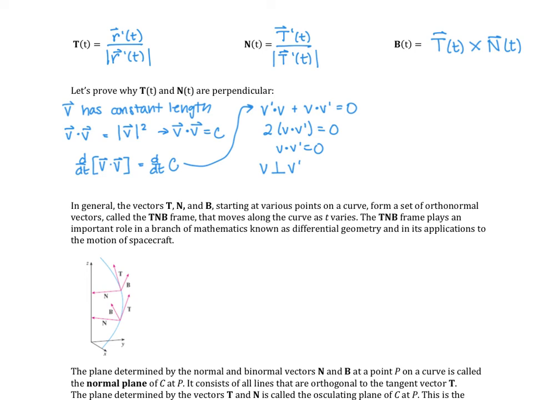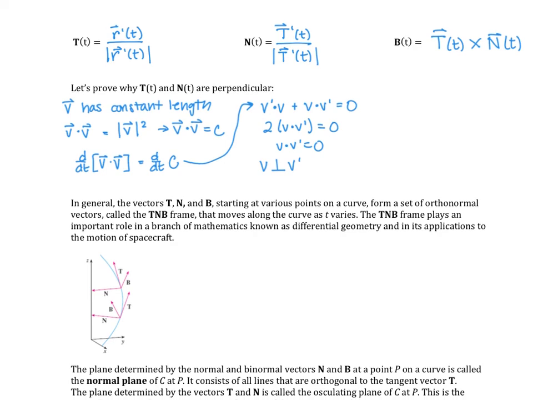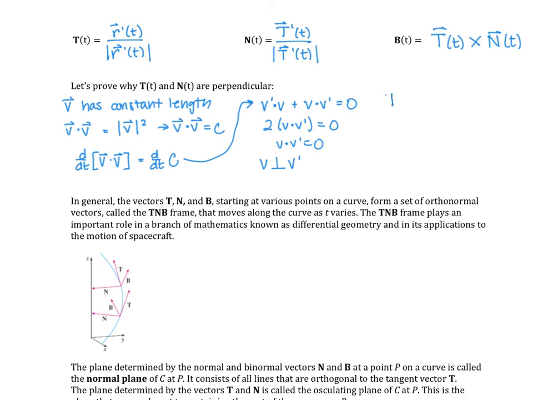Okay, so let's go with the idea. The magnitude of t is 1 because we said it is a unit tangent vector.